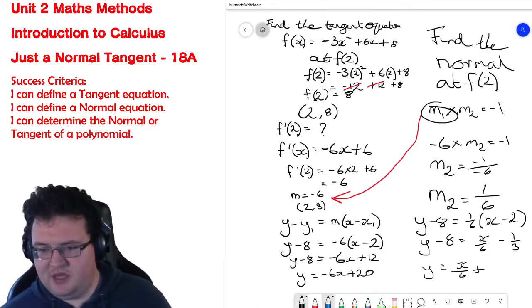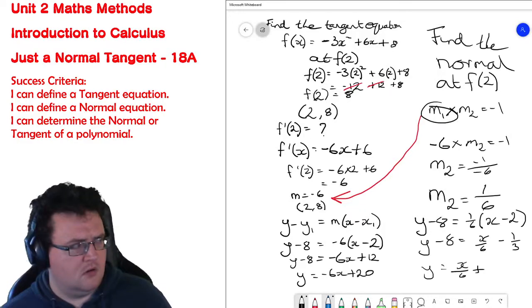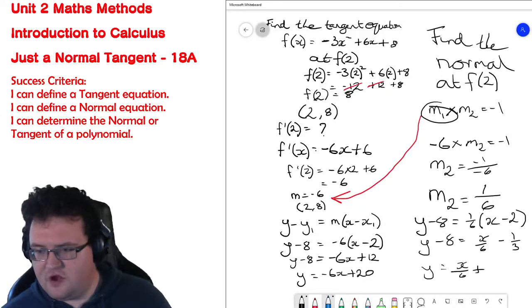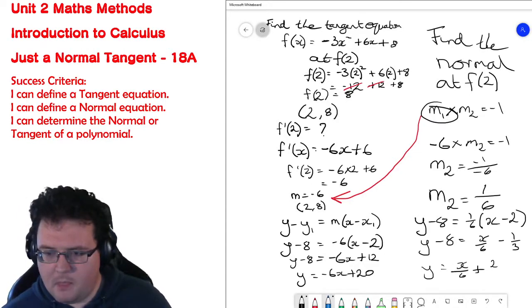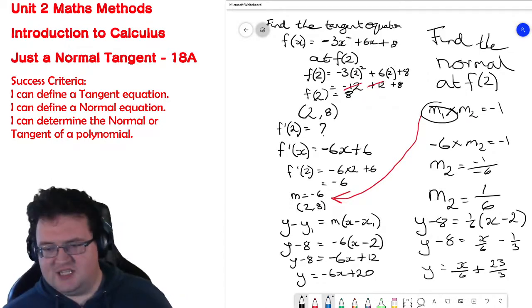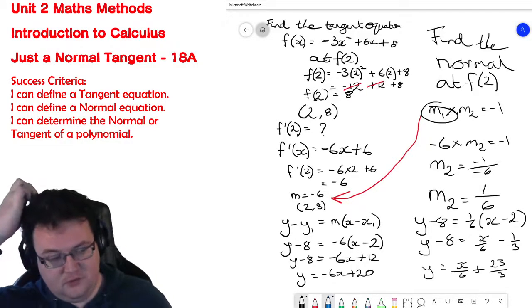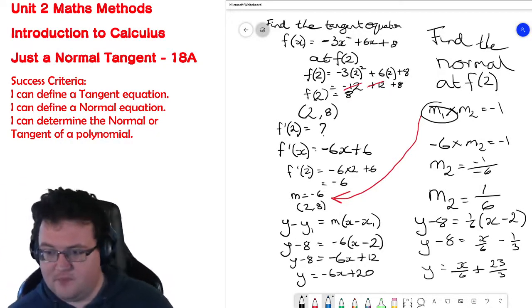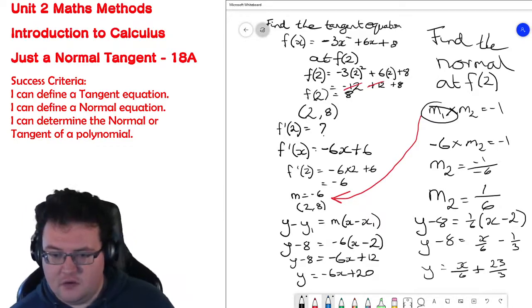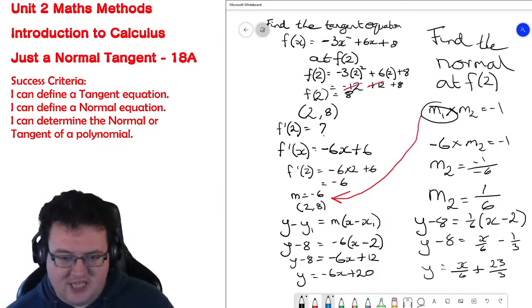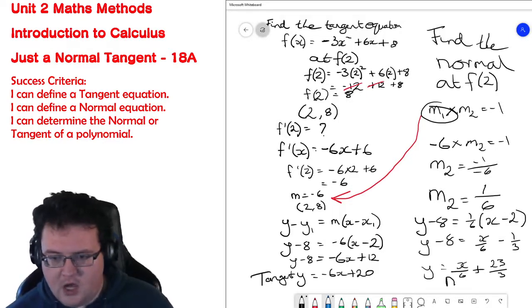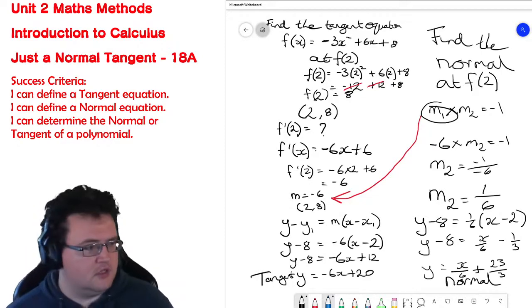So that's going to be 23 over 3. Because 8 is 24 over 3, so I'm adding 24 over 3 to both sides, so 24 minus 1 is 23. So I now have, so here is my tangent, and here is my normal.